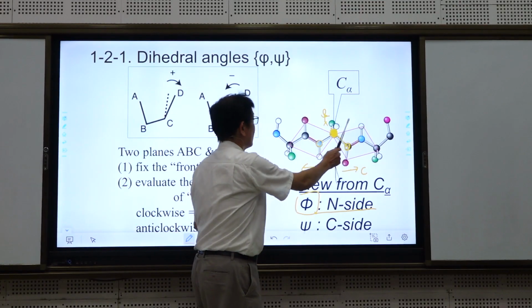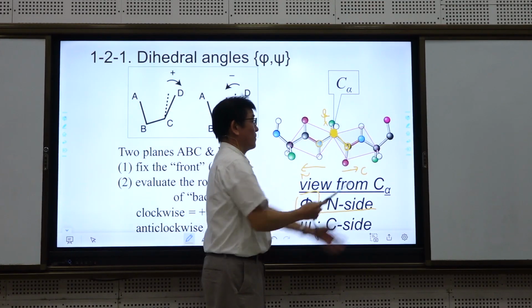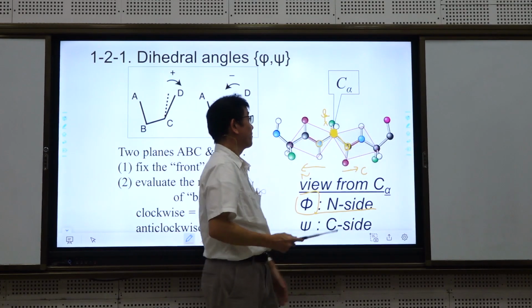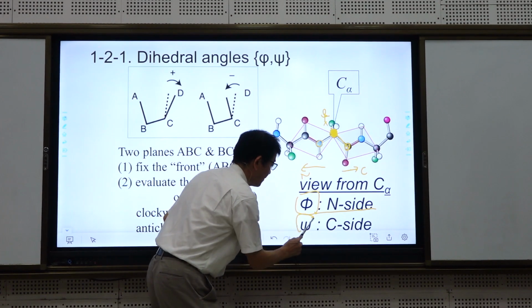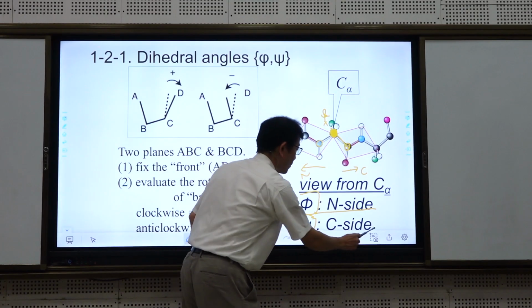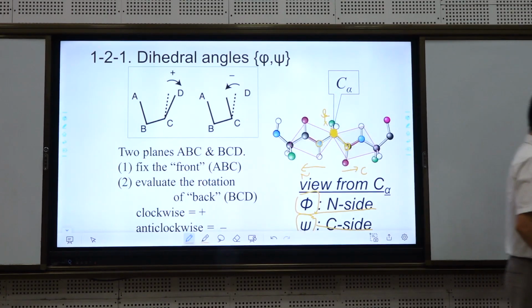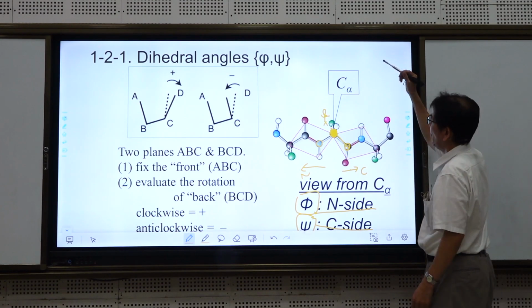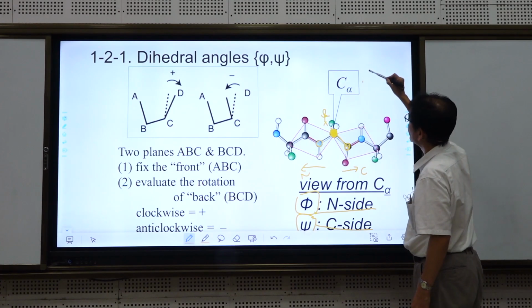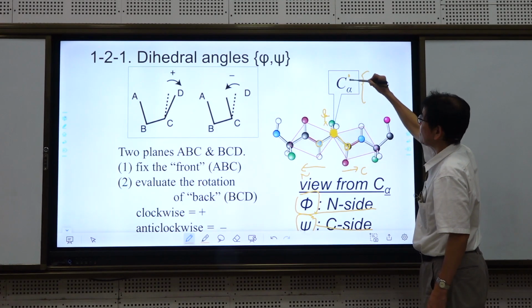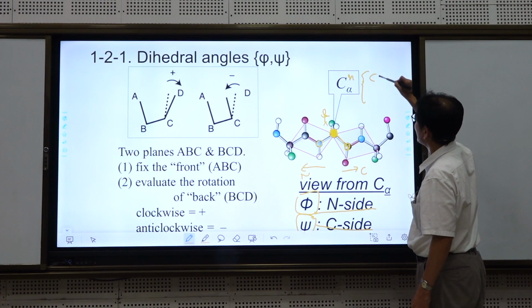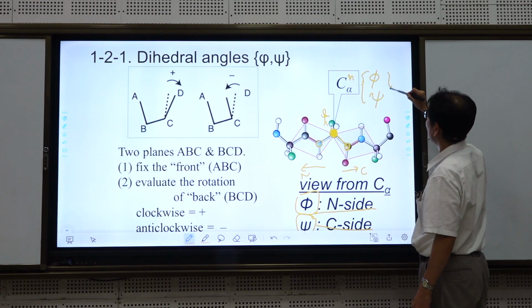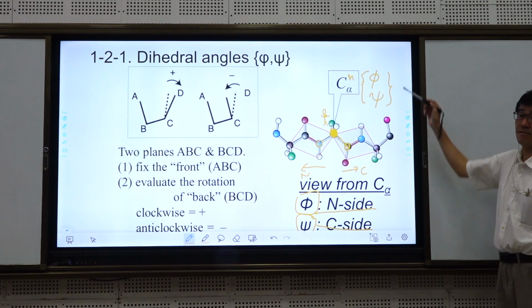Then we can define the dihedral angle for this plane. Then we can use the parameter psi for carbon side. So for each nth carbon alpha, we can define two dihedral angles, phi and psi.